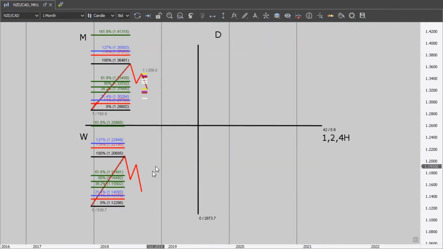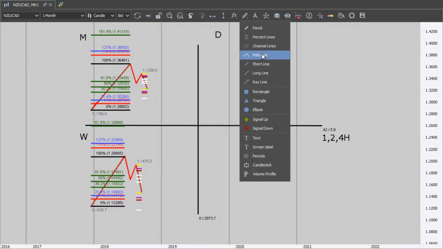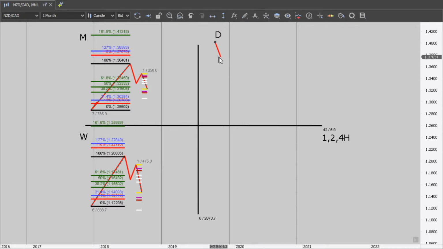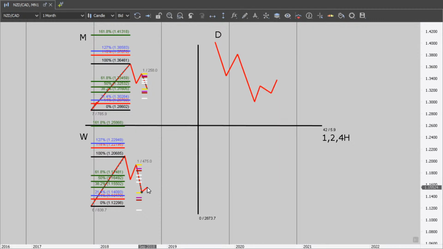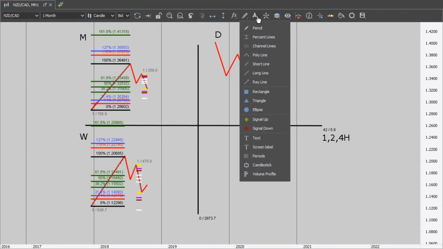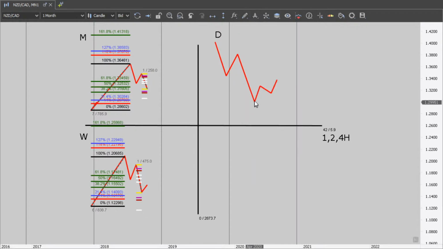From the weekly is going to be something like this, right? Now from the daily is going to be something like this, right? So we are going to have something like this in here. And from the daily Fibonacci, original Fibonacci down.